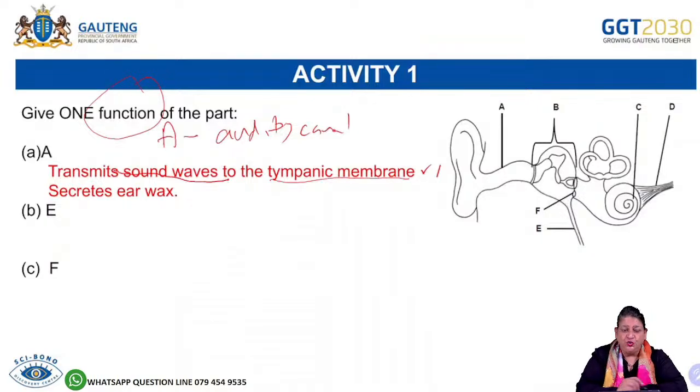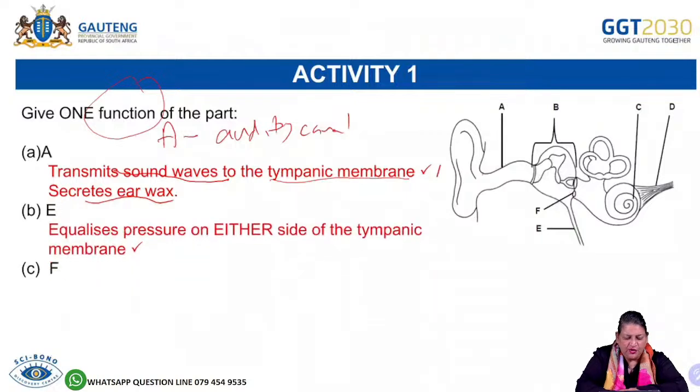Also, what else does it do? It also secretes earwax, depending on the mark allocation. If they say state two functions of part A, 2 marks: secretes wax, and allows sound waves to move from the pinna onto the tympanic membrane. E, what does it do? It equalizes pressure on either side of the eardrum. That's the main part, right?